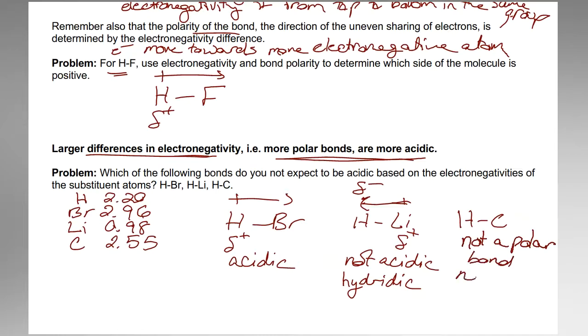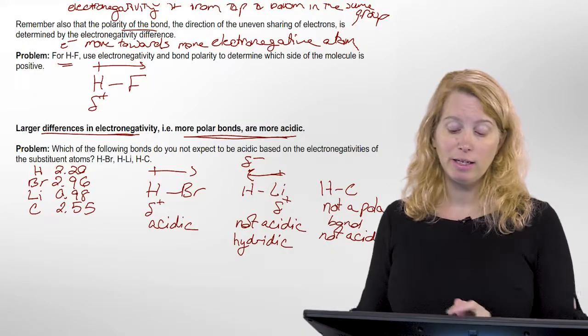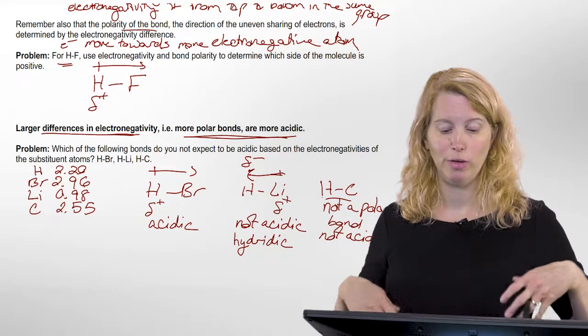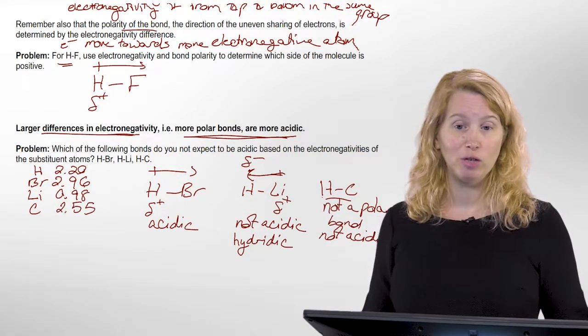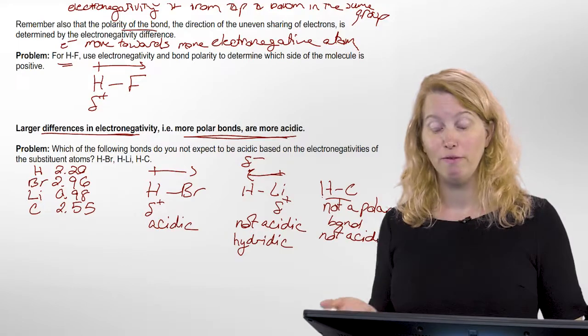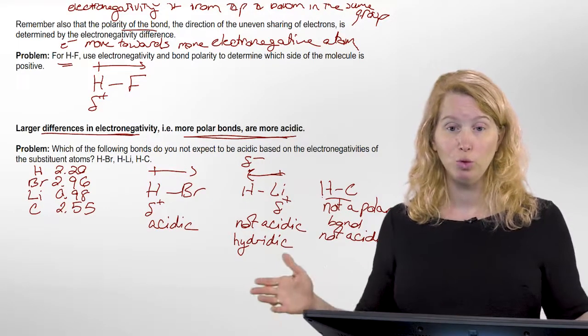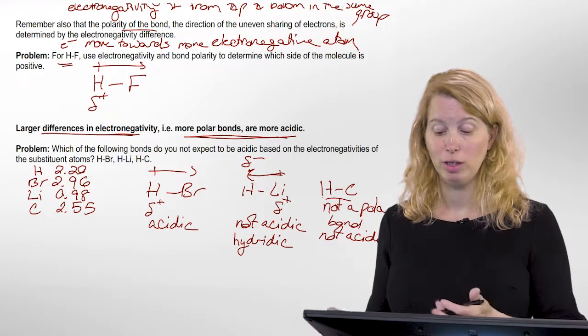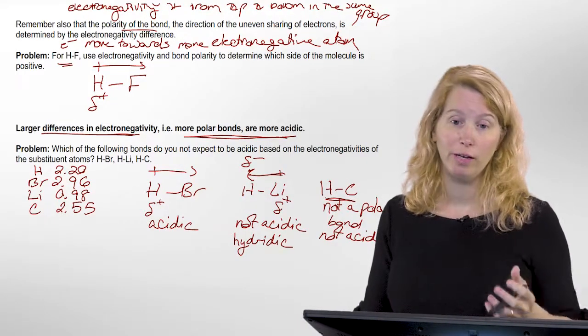So this is not an acidic species. Instead, the sharing between hydrogen and carbon is actually relatively even, and that turns out to be foundational in understanding organic chemistry. So in the previous unit, you learned about hydrocarbon fuels. Those are fuels that aren't particularly reactive towards acid or base chemistry because of the lack of polarity of this HC bond.